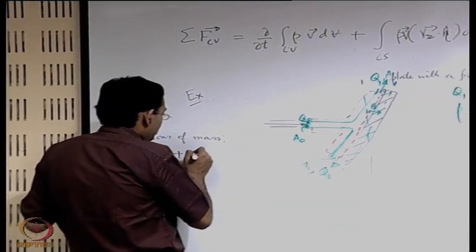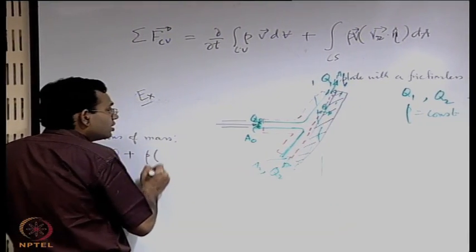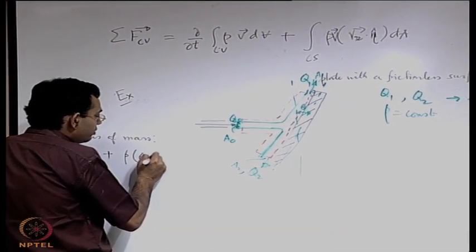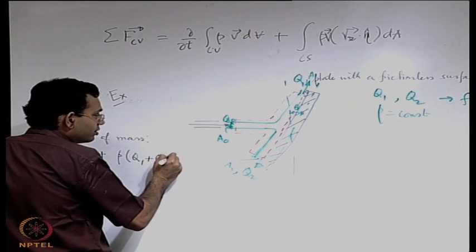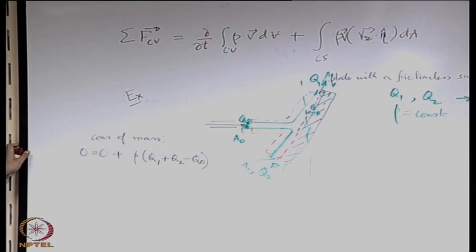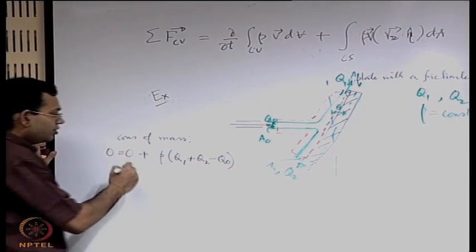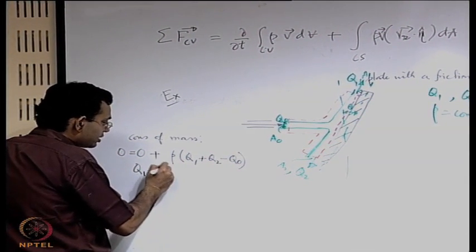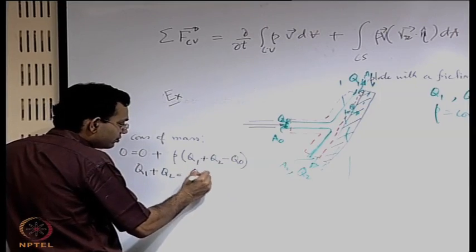That is rho into Q1 plus Q2 is outflow minus Q0, so that is the outflow minus inflow. So you can straight away write Q1 plus Q2 is equal to Q0.